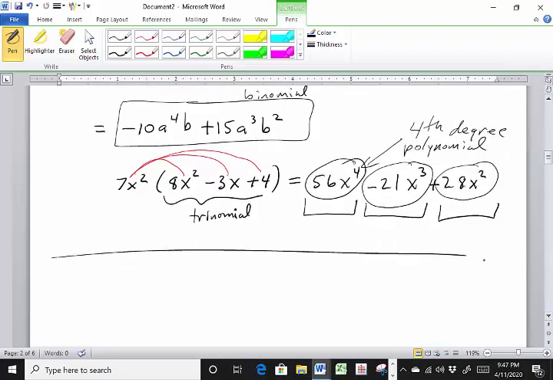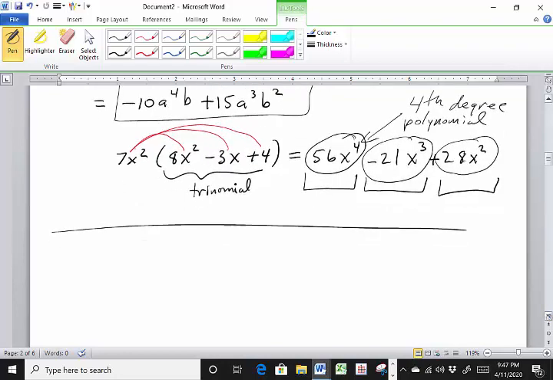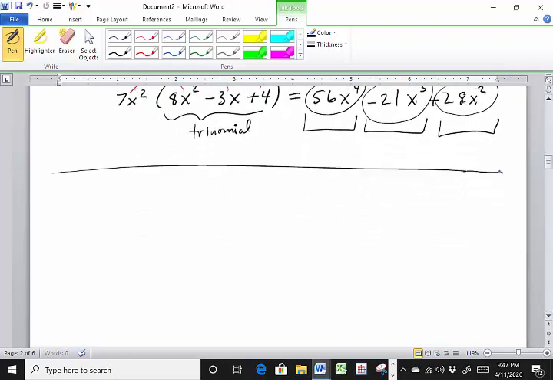Now, let's look at something that gets a little bit more complicated, but not much. Let's multiply two binomials. So, multiplying two binomials. So, again, we're going to use the distributive law.